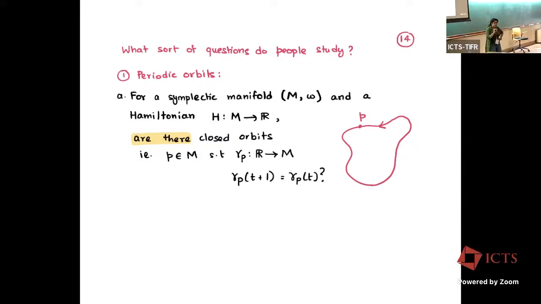And the path that a point takes is called an orbit. Now, some orbits might come back to their starting point. And we could ask: are there any such points? Are there closed orbits? Is there some point that travels and in some finite time comes back to its starting point? Such questions are interesting.